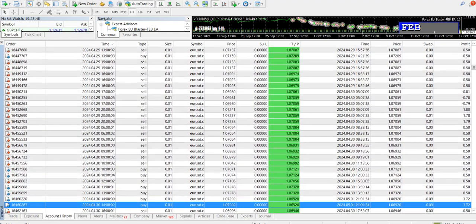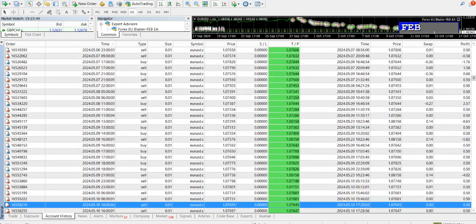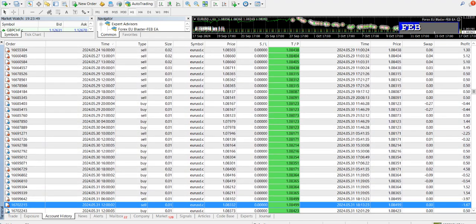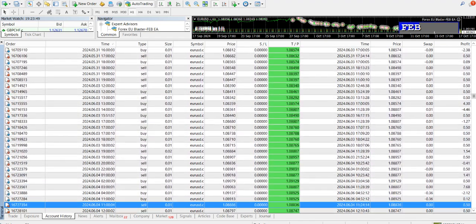Everything I'm showing is from the start. As you can see, you can focus on the lot size, you can focus on the profit, you can see everything over here. Every trade has been closed by the expert advisor itself without any manual intervention.